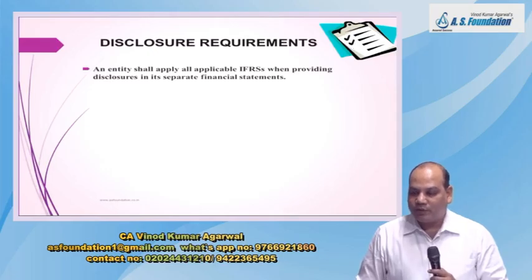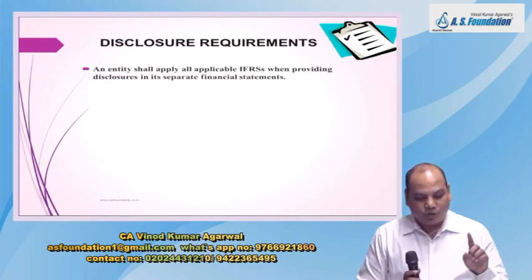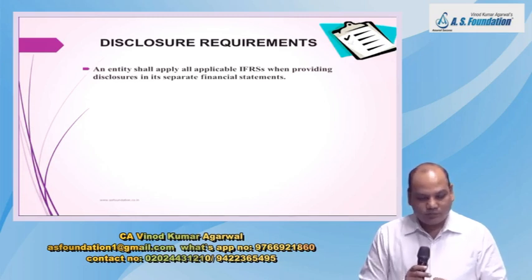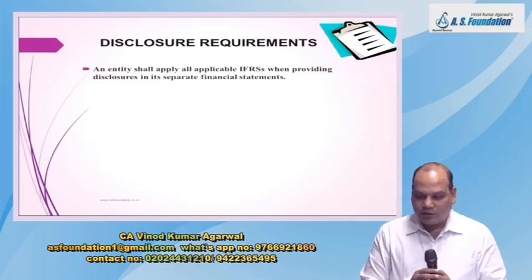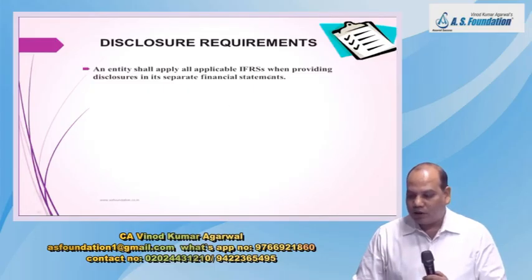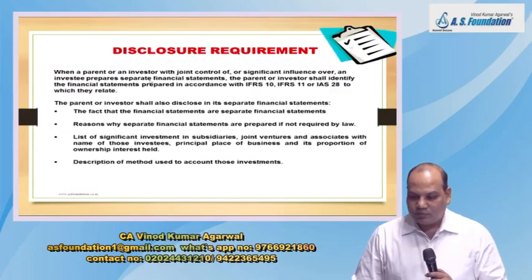General disclosure requirement for all entities who do not fall under 11 and 12. 11 is for companies who have taken exemption under IFRS 10. 12 is for investment entity. Other entities: an entity shall apply all applicable IFRS when providing disclosures in its separate financial statement. All disclosures required by other IFRS will become applicable.